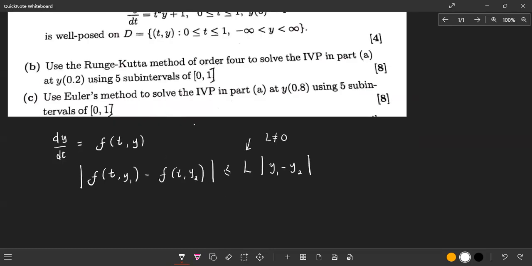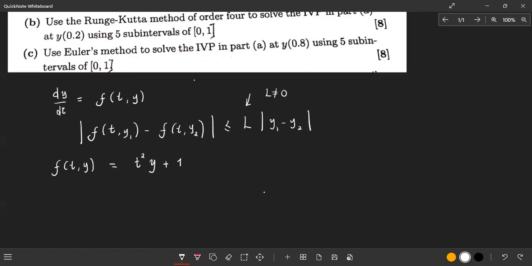So we're going to use this condition. We need to find the value of L. So what we're given here, f of t comma y, is simply equal to the given differential equation, which is t squared y plus 1. So we are going to substitute. Let's find f of t comma y1.